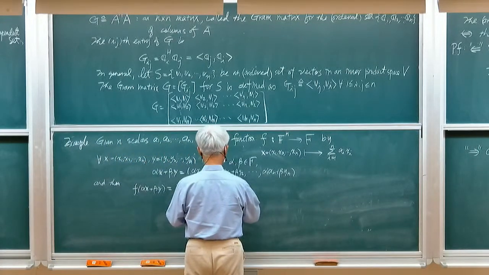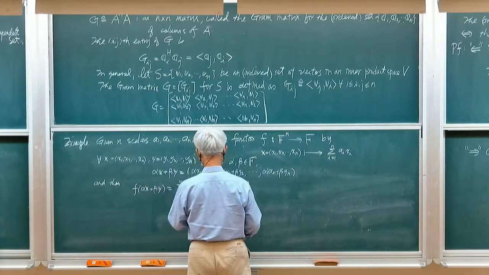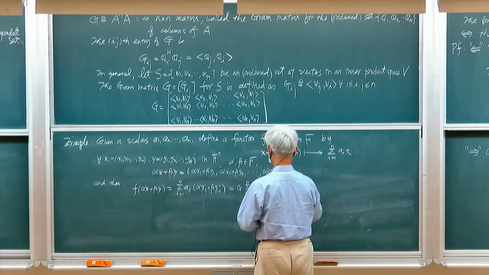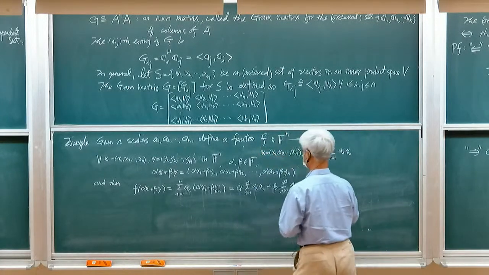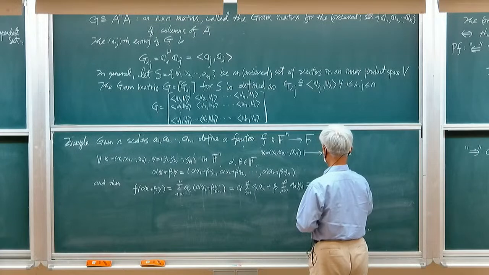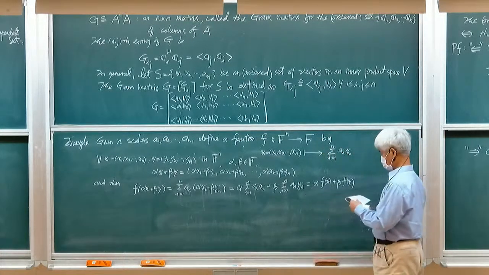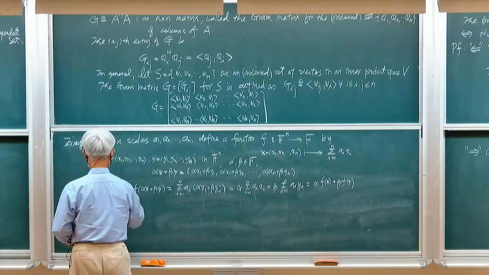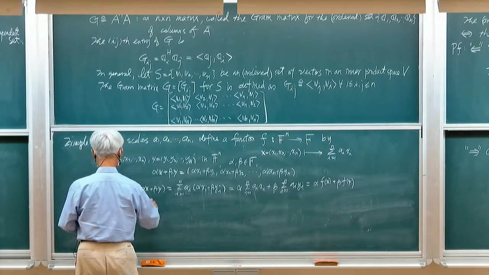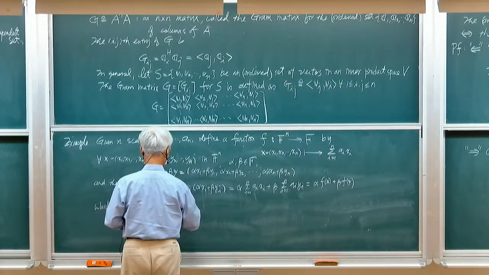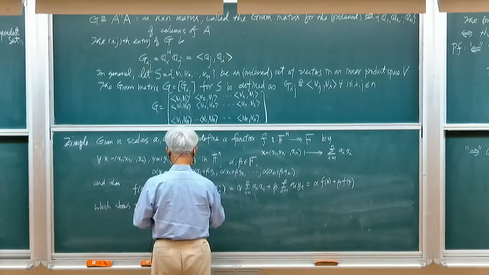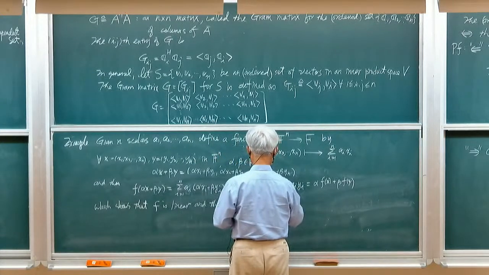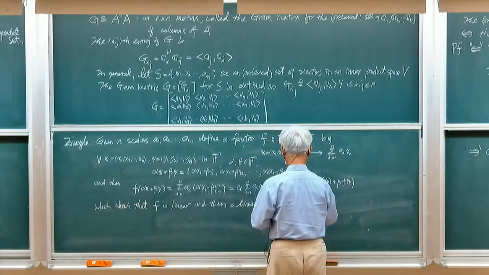We can do some algebraic manipulation, so this is alpha f(x) plus beta f(y), which shows that f is linear, a linear functional on F^n.